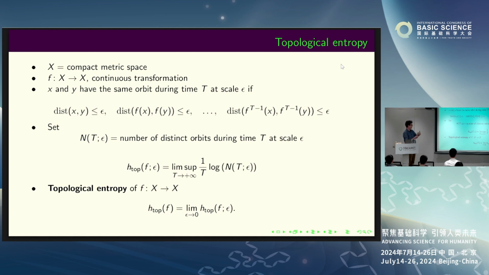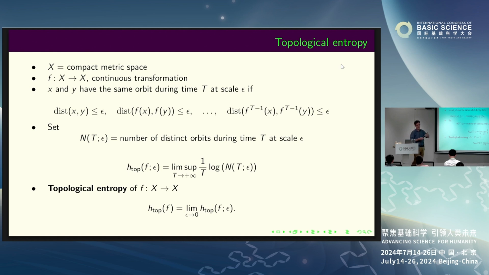So you look at the exponential growth rate, which is the supremum limit of log of the number of orbits divided by t. So you take this limit, and then you let the precision be arbitrarily fine, so you let the scale epsilon go to 0. And the number you get is the topological entropy.